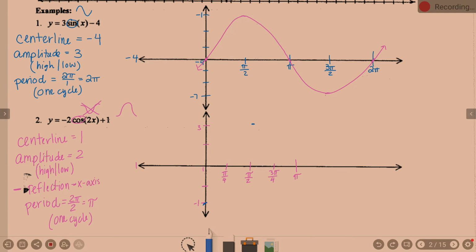We're specifically going to cross over at pi over 4. So you're starting low, 1/4 of the way in, we cross through. The middle of the graph, it would normally be a minimum, now it's going to be a maximum. And then where are we going to end our graph? We're going to end our graph at pi, and we're going to end low. And in the middle, we're going to cross through 3 pi over 4.